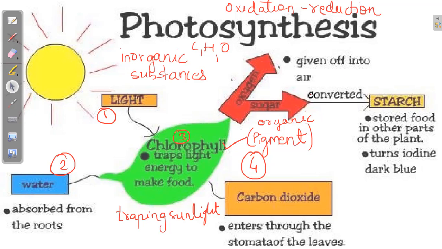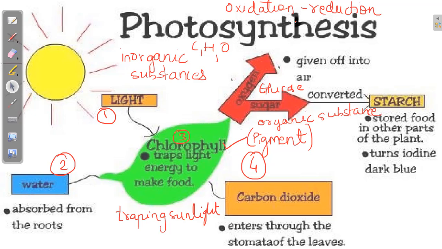The inorganic substances are converted into an organic substance, that is sugar, basically glucose. So when you give the raw materials, sunlight, water, chlorophyll and carbon dioxide, they get converted into glucose. Along with it, oxygen is released into the environment.